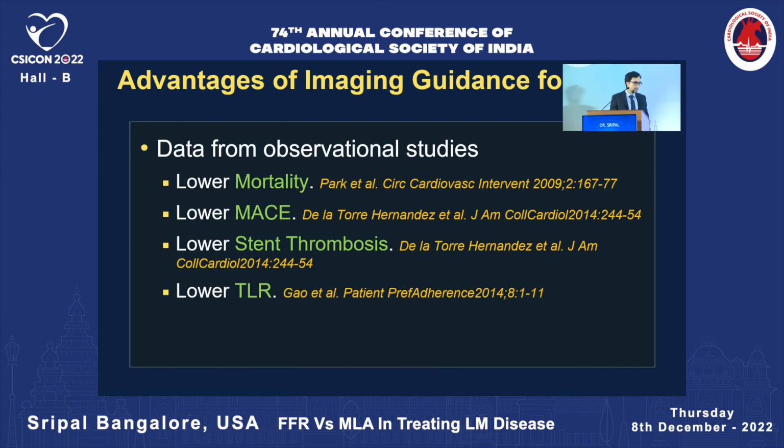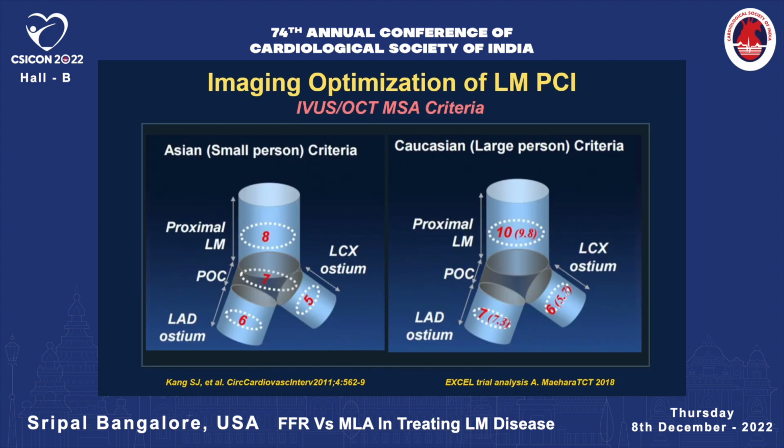Again, this is data based on multiple observational studies, with a clear decrease in mortality, MACE, stent thrombosis, and TLR. This is observational. Of course, Ziad and team are doing a large randomized trial, not necessarily restricted to left main disease patients, but looking at the importance of OCT for post-procedural optimization for our patients.